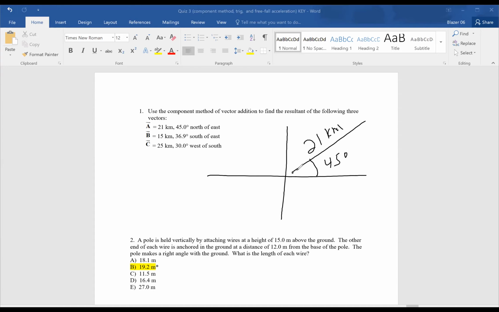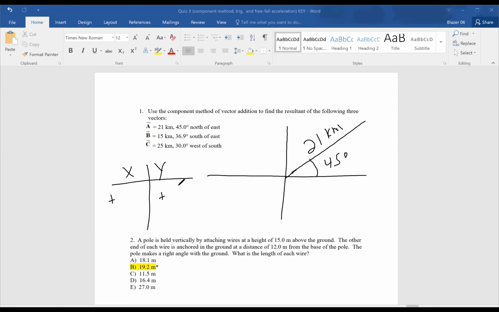And of course, this angle is 45 degrees. So immediately upon seeing a 45-degree angle, the first thing you know is that your X and Y components are equal. Also, they are positive. So you want to move quickly through this.